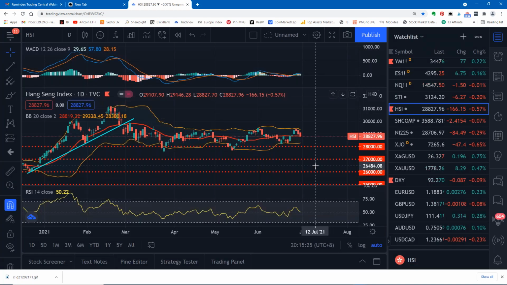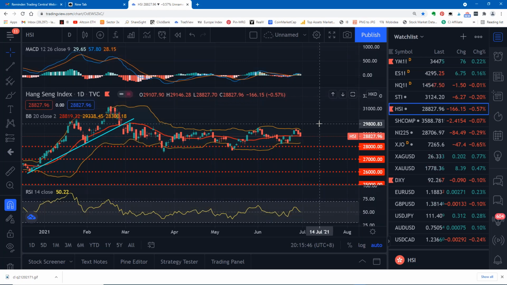I'm not very bullish on Hong Kong stocks. The reason I repeat and repeat is the undercurrent, the political uncertainty between China and US, which puts me in doubt about Hong Kong stocks.